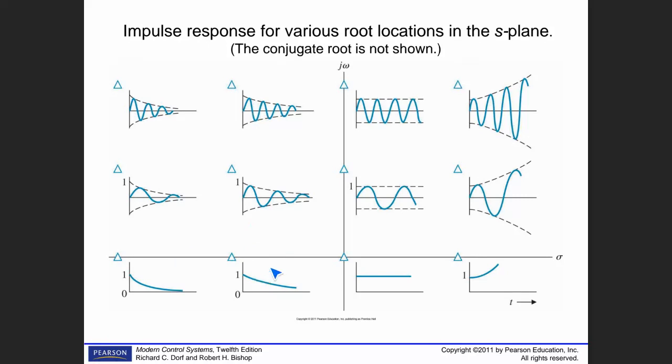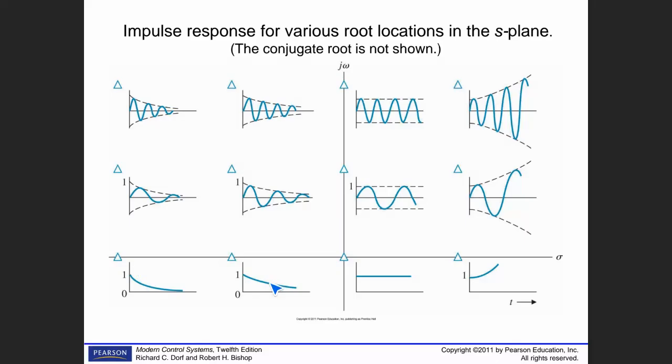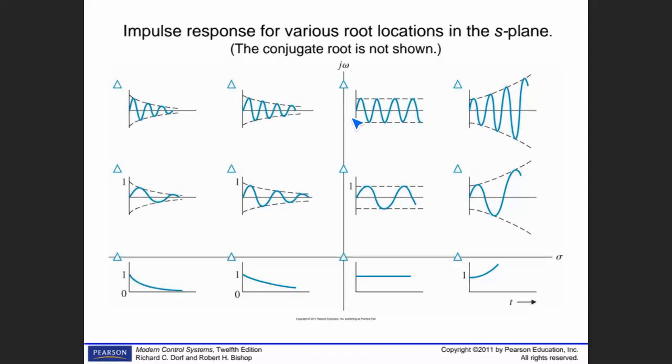And also the transient response of this pole is much faster than this one. However, there is another story. If your poles are located on the j omega axis, that means you have continuous sustainable oscillation. The frequency of the top one is higher than the frequency of the bottom one. However, if you go further to the right hand side, your system becomes unstable.